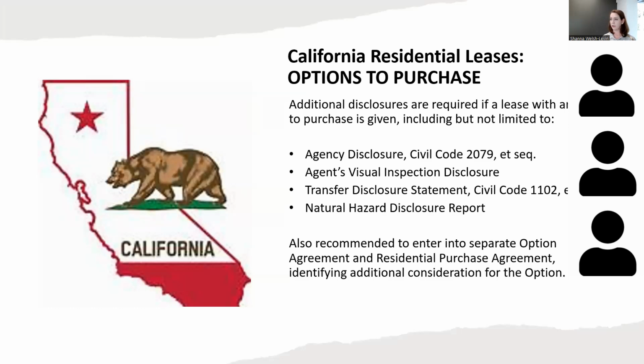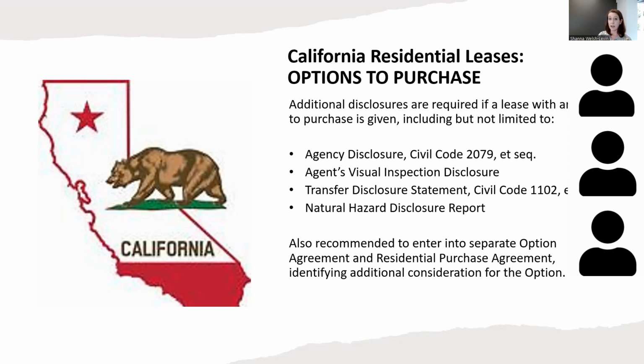All right, so California residential leases that have options to purchase. This is a different animal altogether, and I just wanted to mention it because sometimes it's not treated with enough care when it's being done. Usually there is a real estate professional involved in the creation of a lease with an option to purchase.